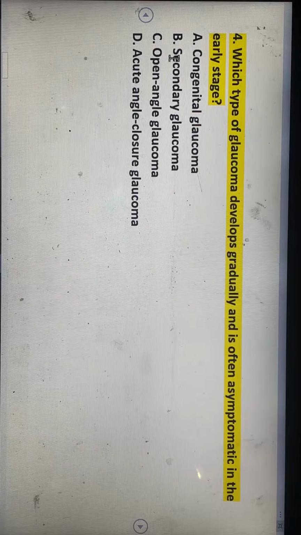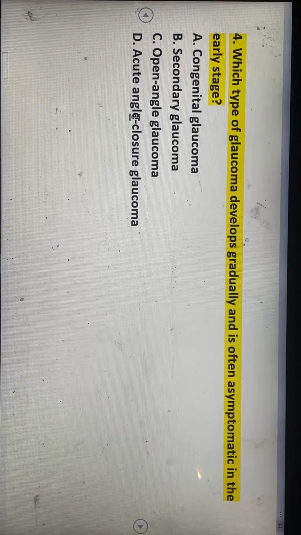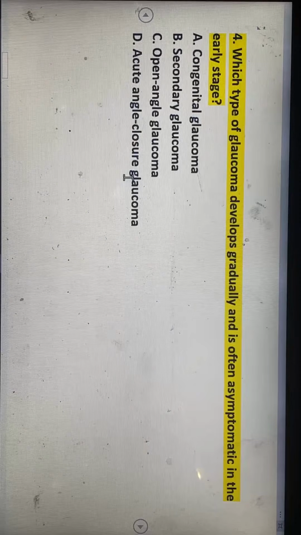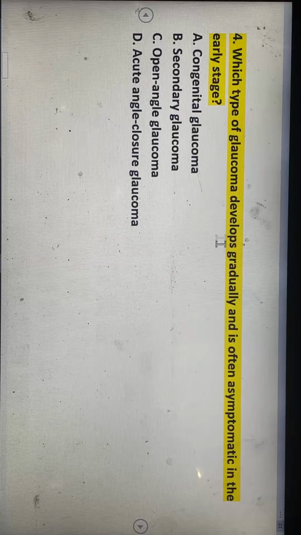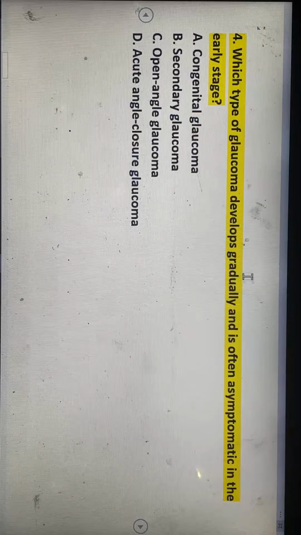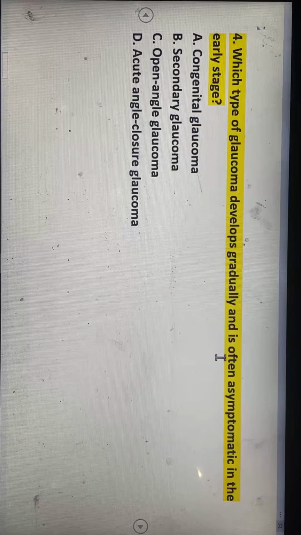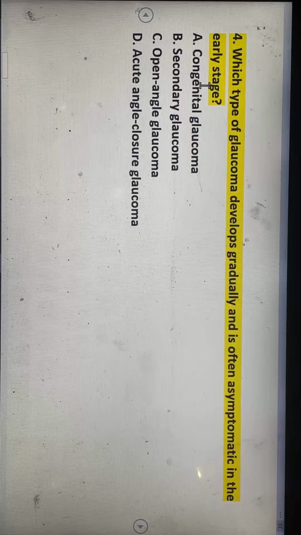Now we have A, congenital glaucoma, B, secondary glaucoma, C, open angle glaucoma, D, acute angle closure glaucoma. So let's see those that really and truly follow the class. Which type of glaucoma develops gradually, that word gradually, and is often asymptomatic in its early stage?